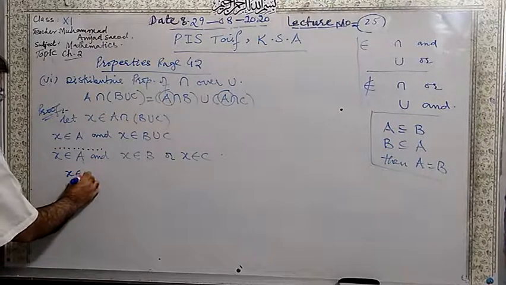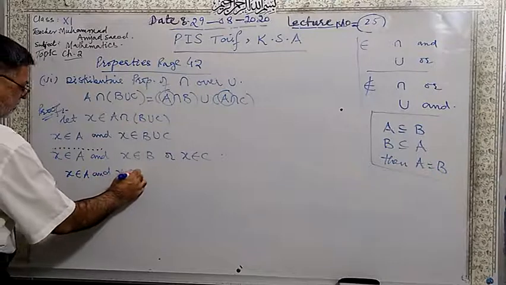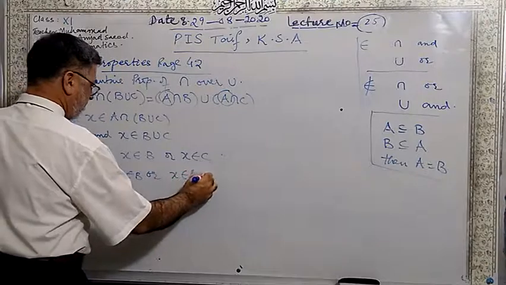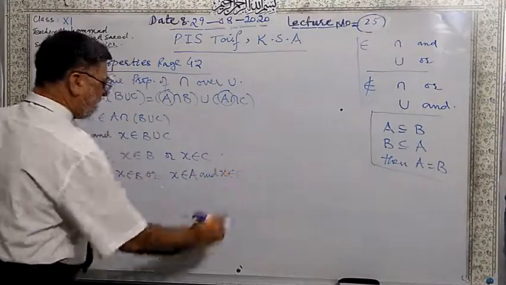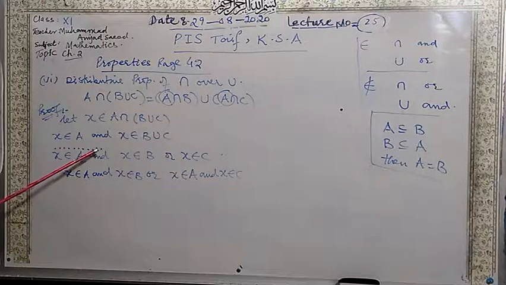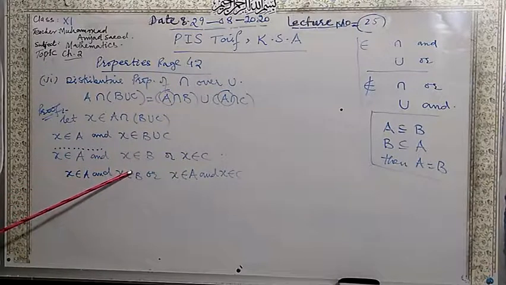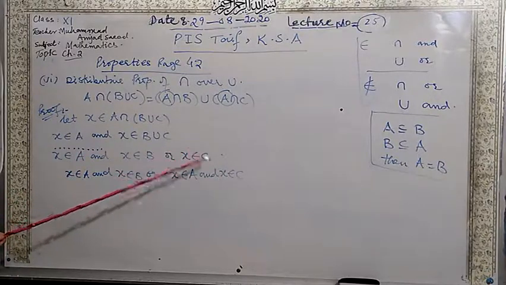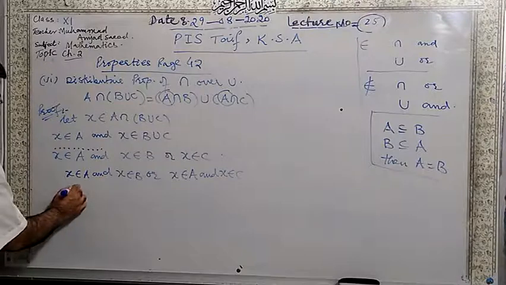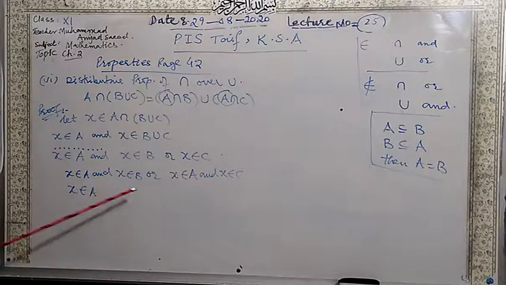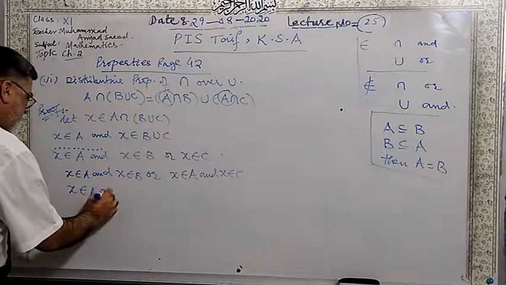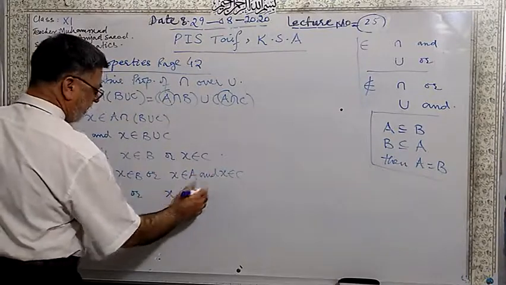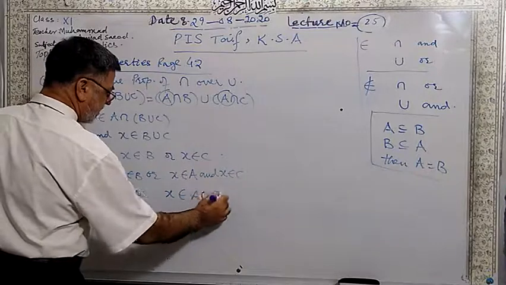Here, X belongs to A and X belongs to B, or X belongs to A and X belongs to C. X belongs to A intersection B, or X belongs to A intersection C.